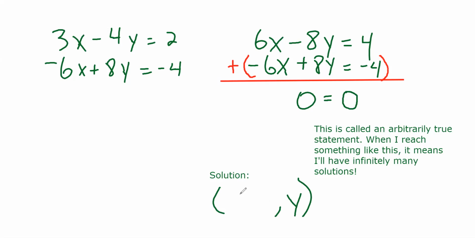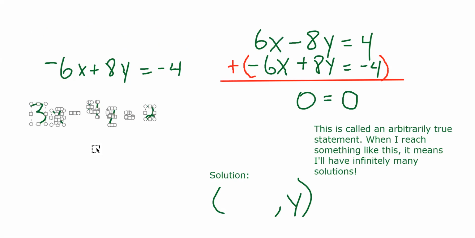And then x, whatever x is, we need to have it in terms of y. So I'm going to take my first equation here and I'm going to solve for x.